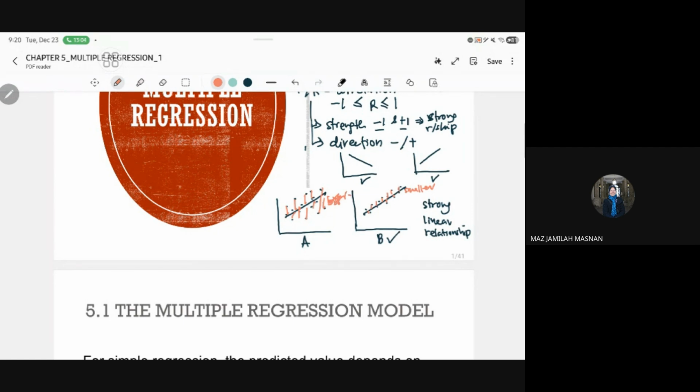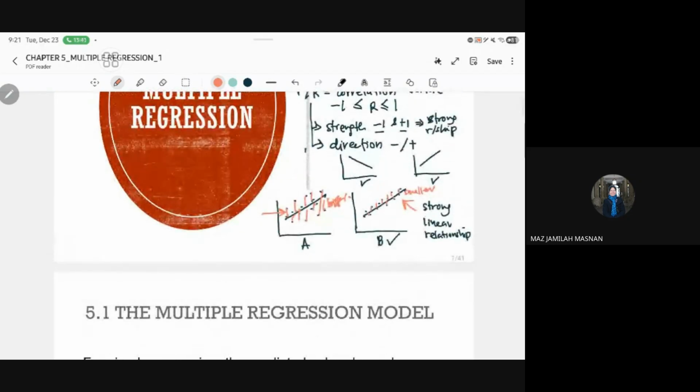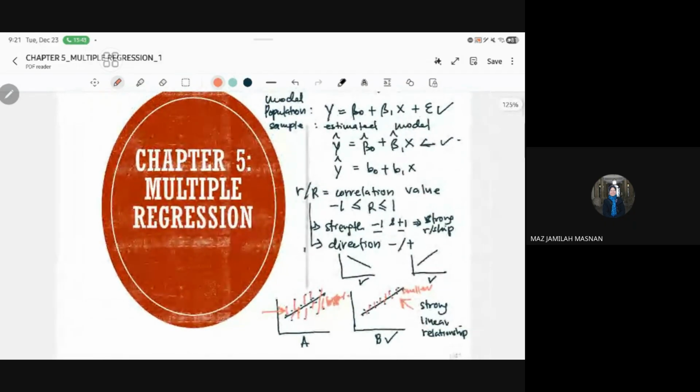So that's why a strong linear relationship is defined by this particular scatter plot, not this scatter plot. So this one is a very strong positive linear relationship. And remember, this goes back to your least square method. The least square method is a method whereby you minimize the error between the points and the predicted line. That is among the things that we have covered previously.